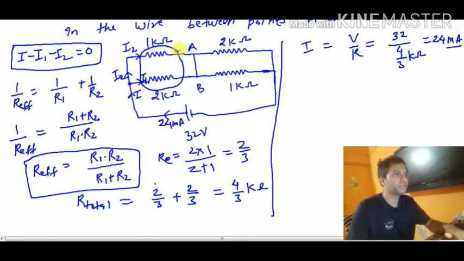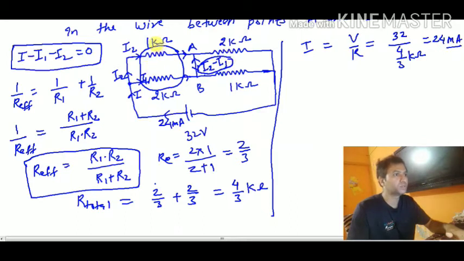Now see, when this I2 current will come here, because of the short circuit wire it will come here, and this I1 will move in this side. So the total amount of current through the wire is nothing but I2 minus I1. Now the question is, why am I writing I2 minus I1, why not I1 minus I2?